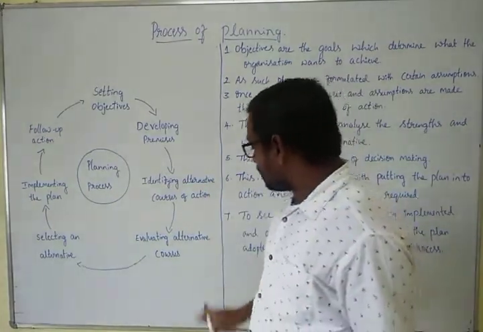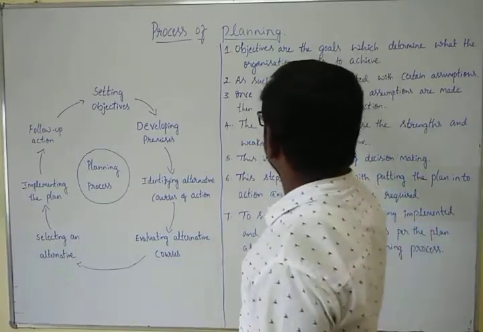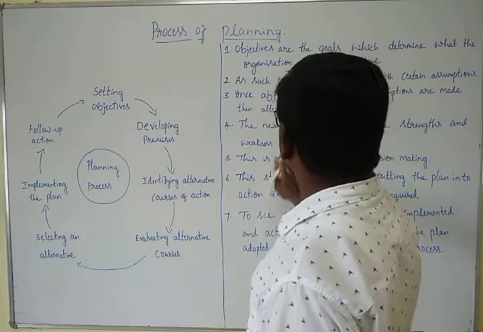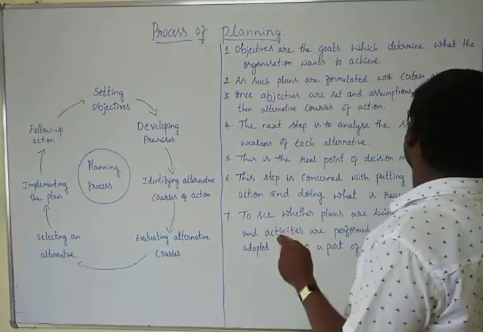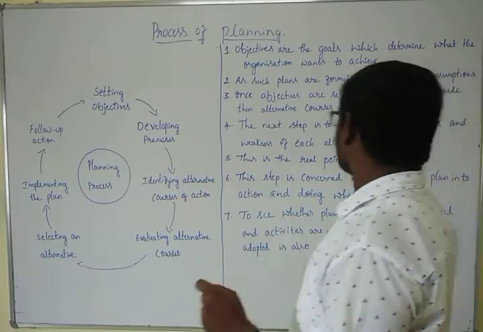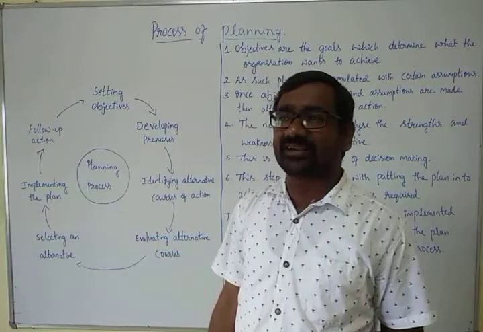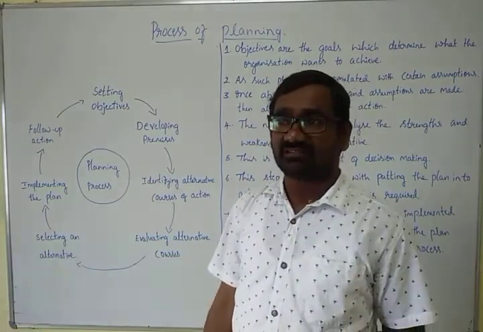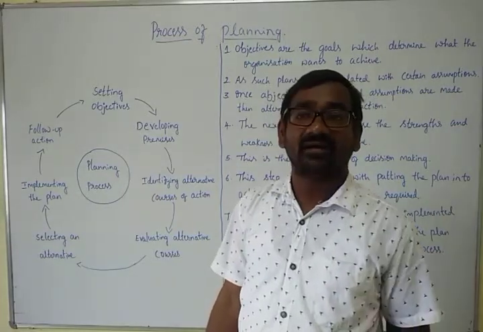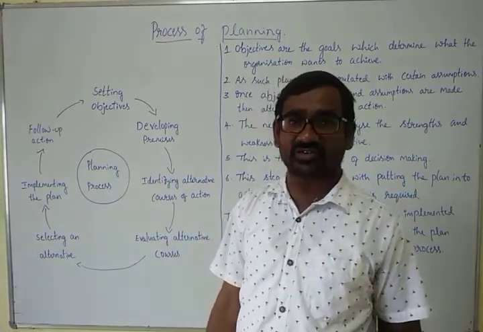And next, evaluating alternative courses. The next step is to analyze the strengths and weaknesses of each alternative. We analyze the strengths and weaknesses of each alternative, to see which is the best for achieving our organizational goals and objectives.